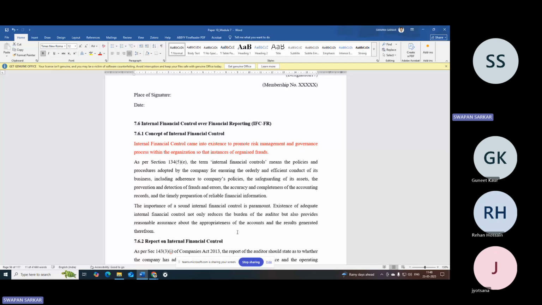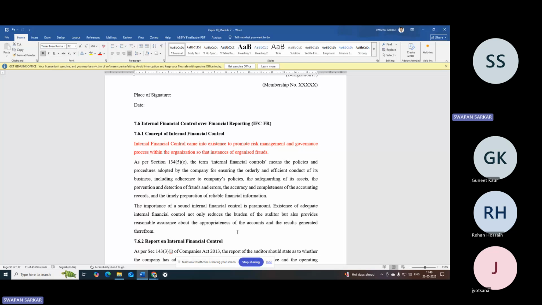As per Section 134, subsection 5, clause E, the term internal financial control refers to the policies and procedures adopted by the company for ensuring the orderly and efficient conduct of business, including adherence to company's policies, the safeguarding of the assets, and prevention and detection of frauds and errors, the accuracy and completeness of accounting records, and the timely preparation of reliable financial information.